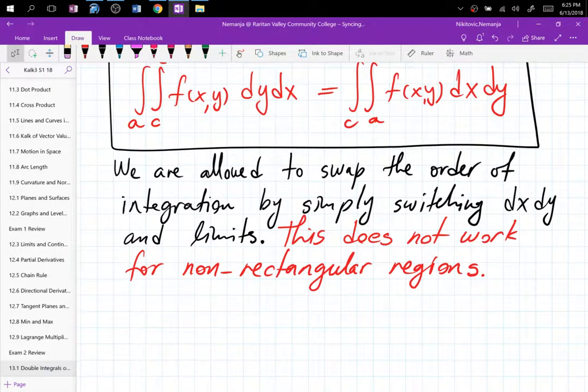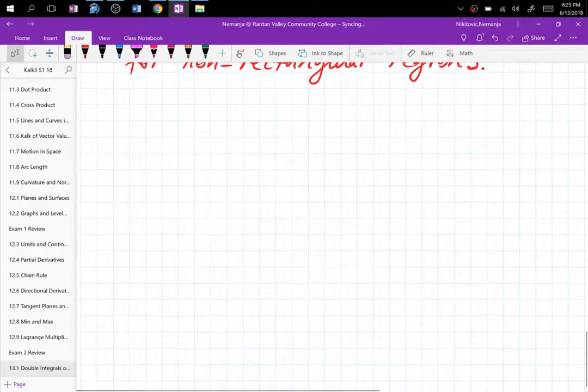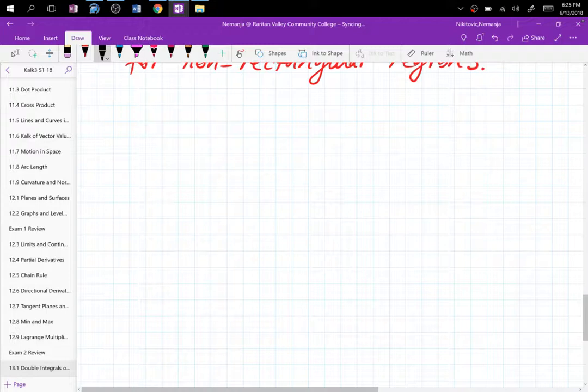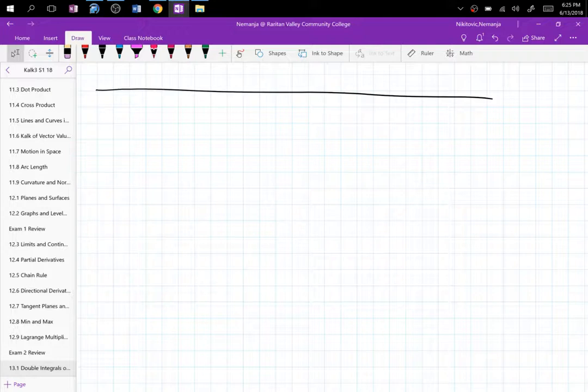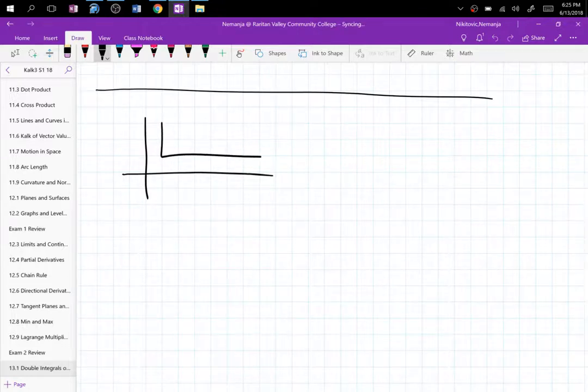So, let's take a look at some basic ideas. If I have a rectangular region right here, so this is at 1, 2, 3, 4, 5, 6, and 7, and then 1 and 3.